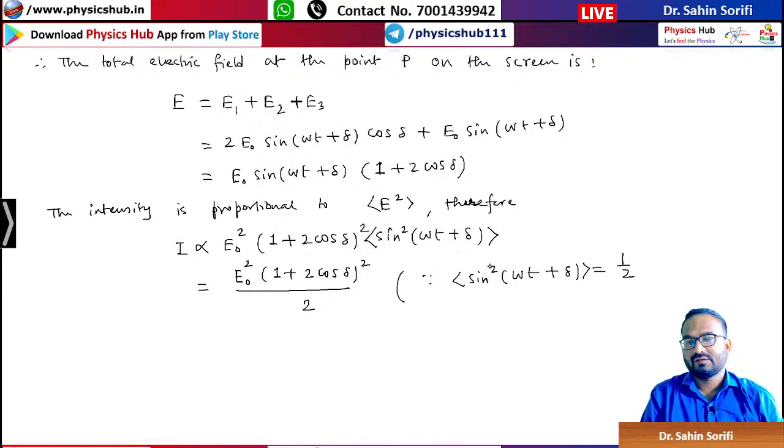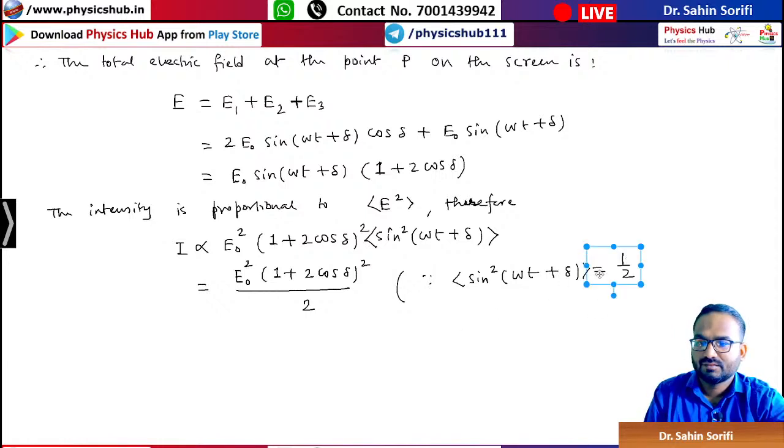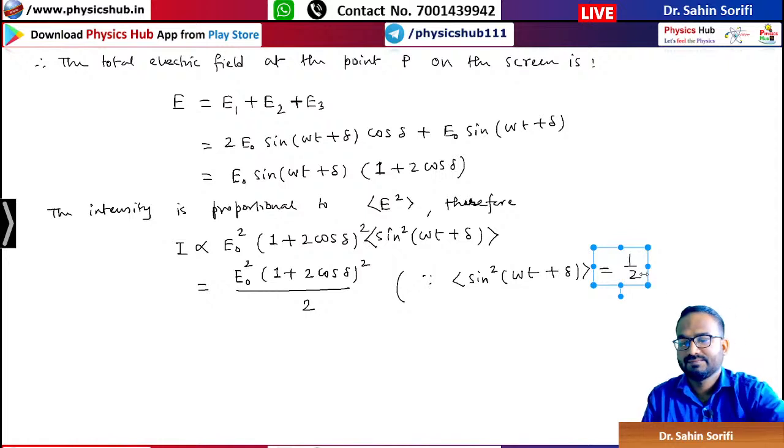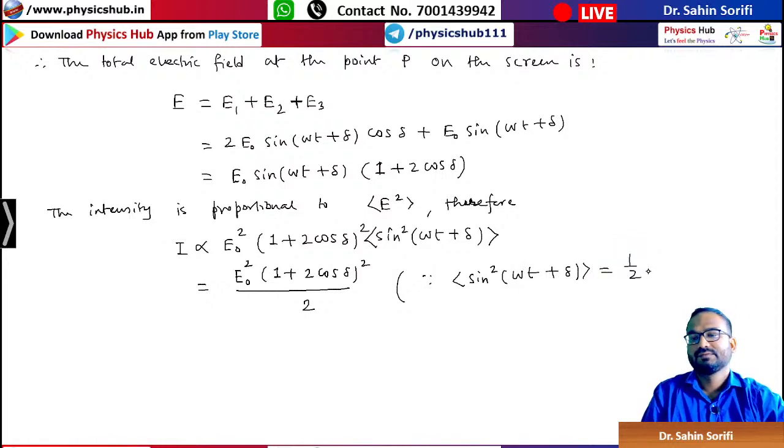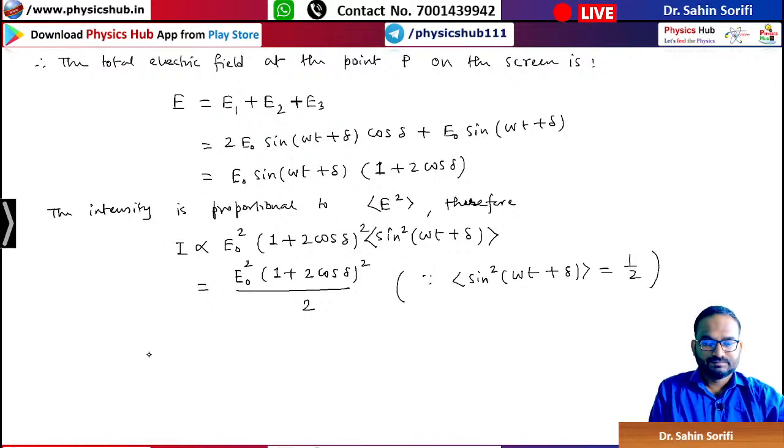But if you take sin(omega t plus delta) average, that will produce 0. Remember this simple thing: the average of the square will produce half, but if you simply take the average of sin(omega t plus delta), that will give you 0. Now this is the expression of intensity.